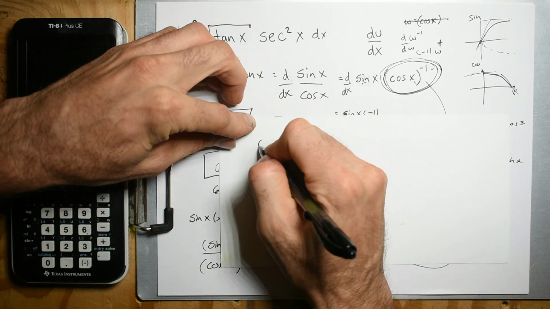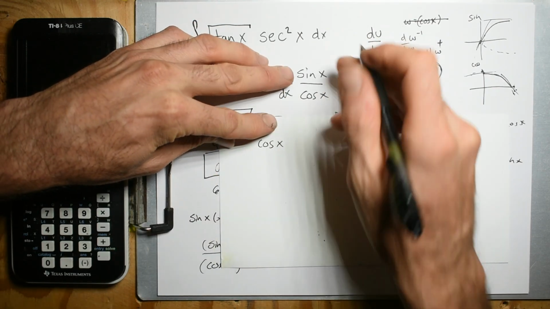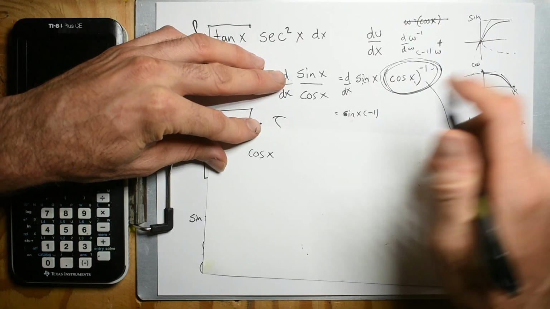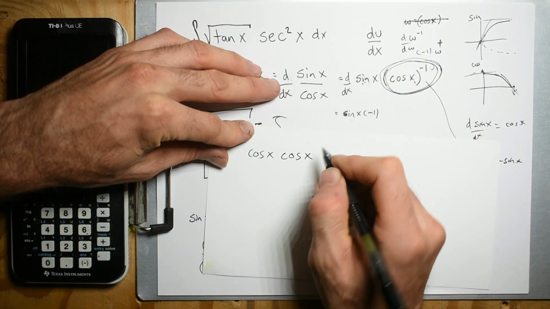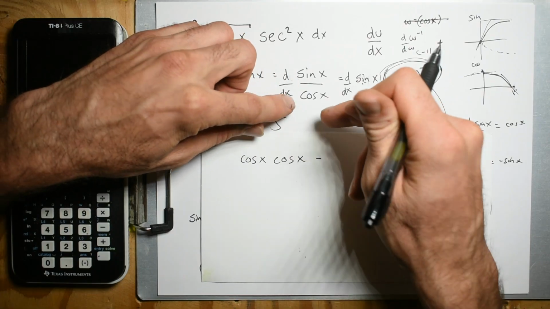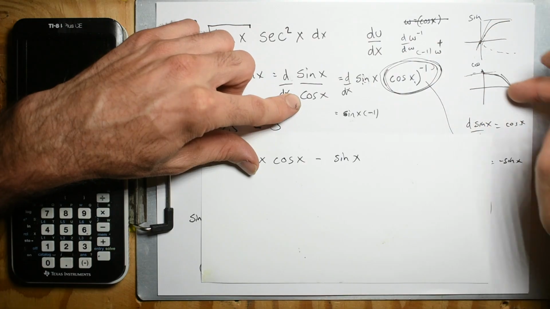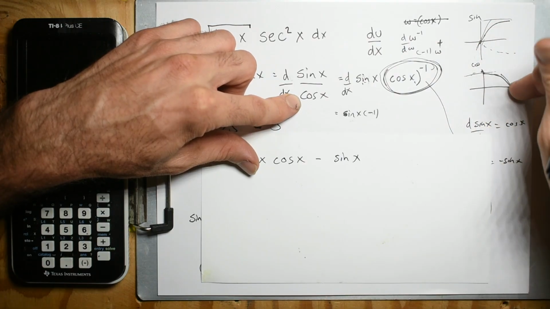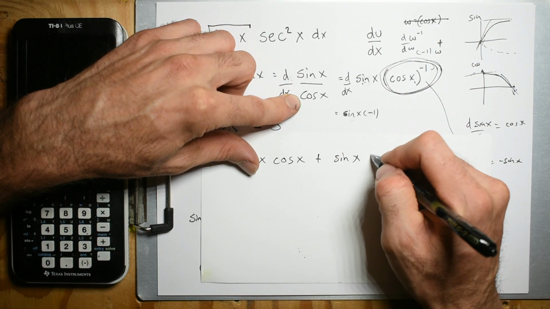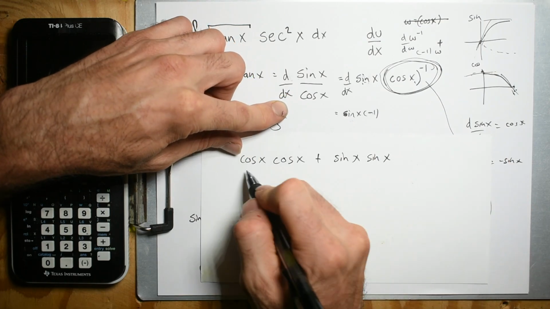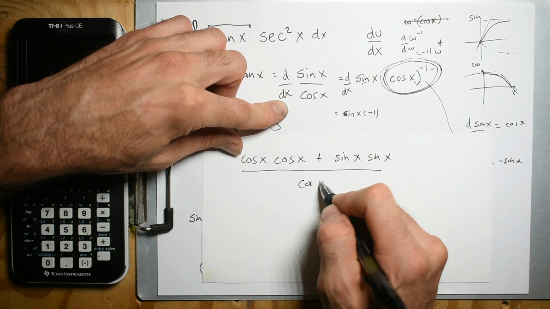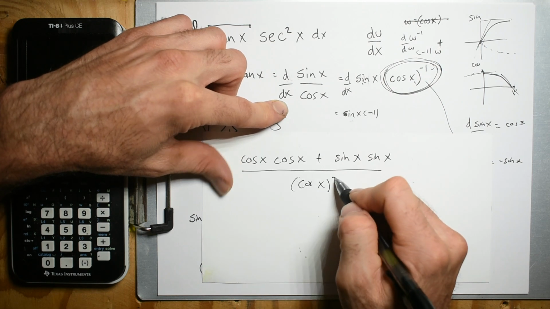So we're going to take low cosine x, derivative of sine, which is cosine x, minus, so it's low d high minus high d low. Derivative of cosine is a negative sine, so we're going to get that. Cool. And then that's all divided by cosine x squared.